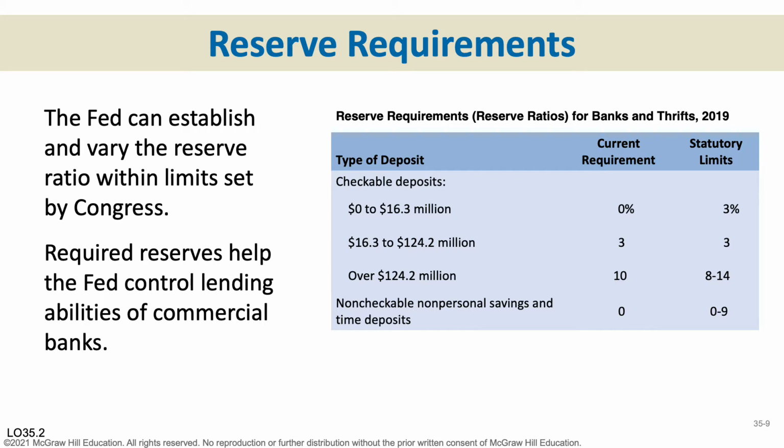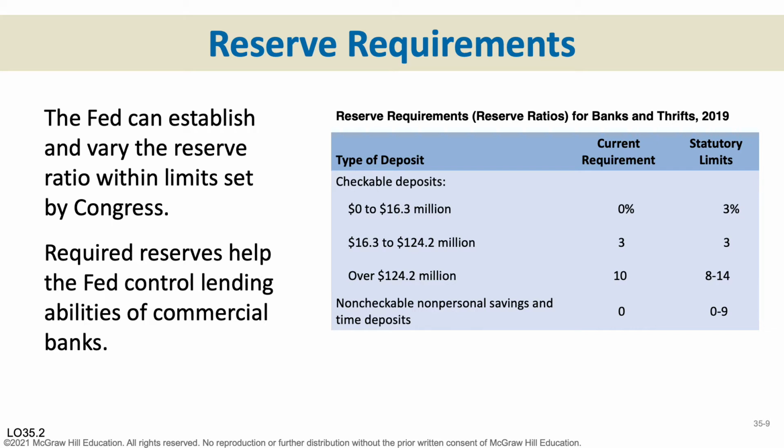That doesn't mean the bank doesn't keep reserves, because of course they do, but the Fed doesn't require it. Their own board of directors is just given leeway to make those decisions. When you see the statutory limit, that's set by Congress. So by law, the Fed could require little tiny banks to keep 3% of their deposits, but the Fed doesn't. They let the board of directors decide on their own.